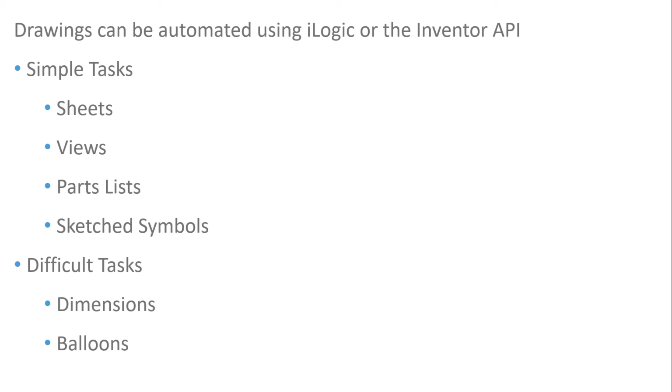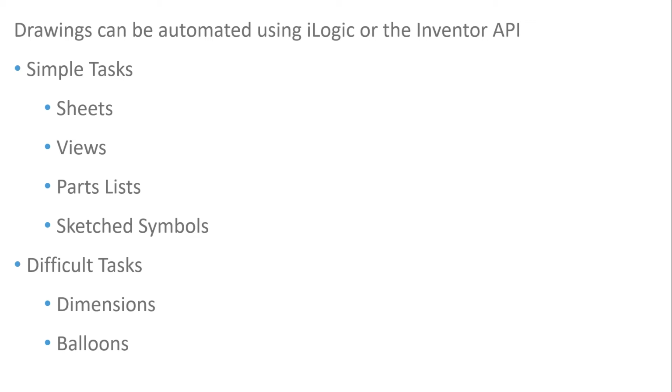We know we have to have sheets. A drawing package might have a single sheet or numerous sheets, so we need to quickly generate the number of sheets required to satisfy that package.